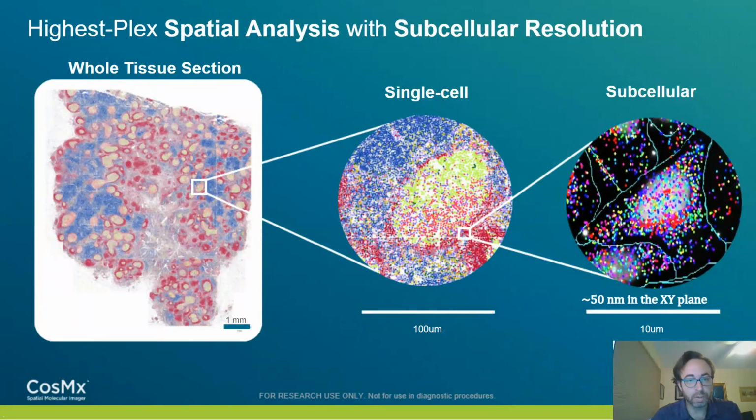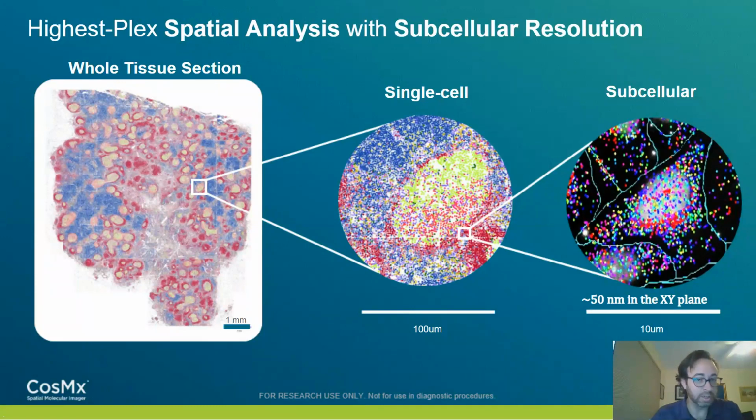But as you can see in this particular blow up in the middle, you can capture a light and a dark zone of the germinal center, even just by looking at the cell types that are enriched within that spheroid structure. But it's really critical to go down to the segmentation level to make sure that you've got the right cell shape to be able to call these cells appropriately.